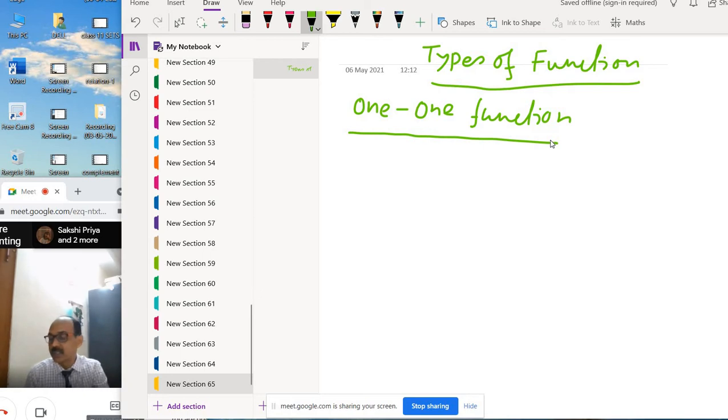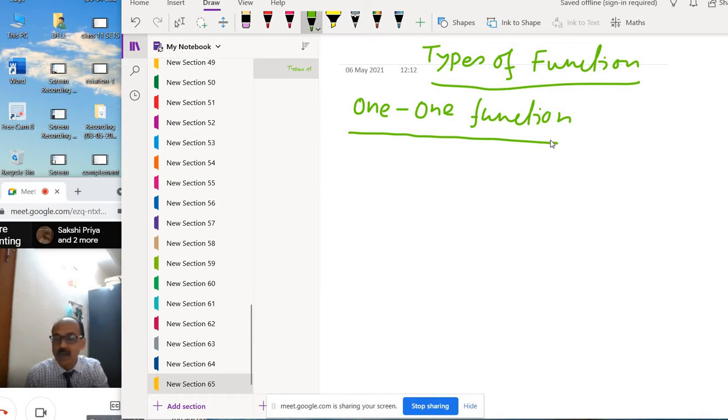What is a one-one function? A function f from X to Y, where X and Y are two non-empty sets, is said to be one-one or injective if the images of distinct elements of X under f are distinct.